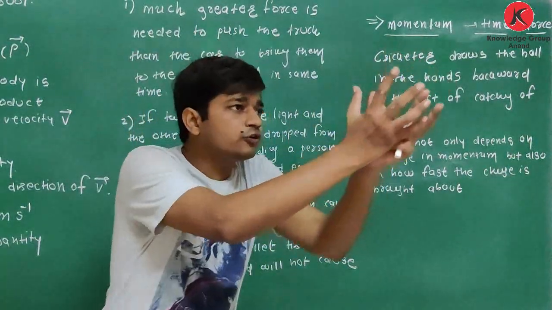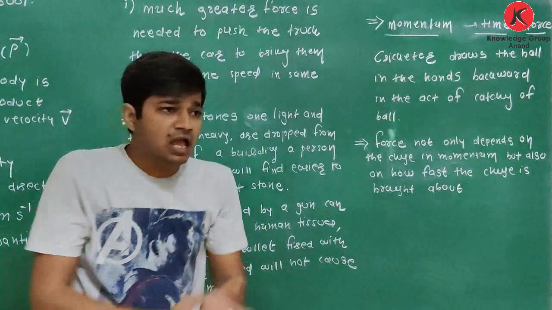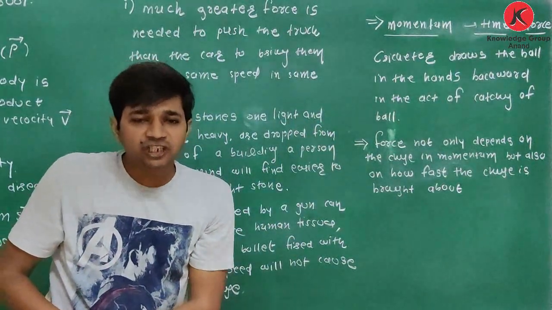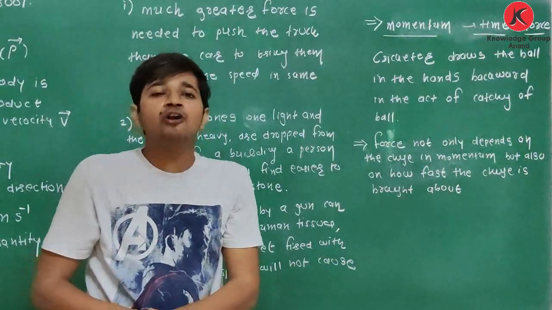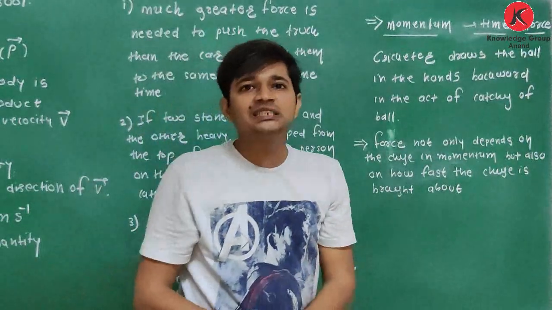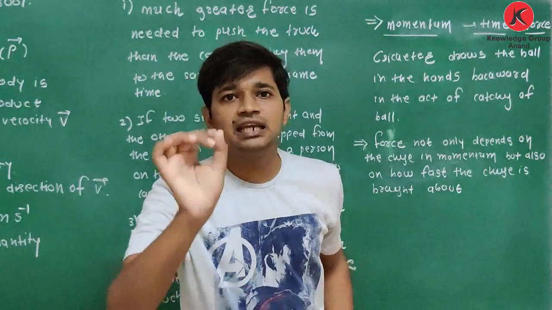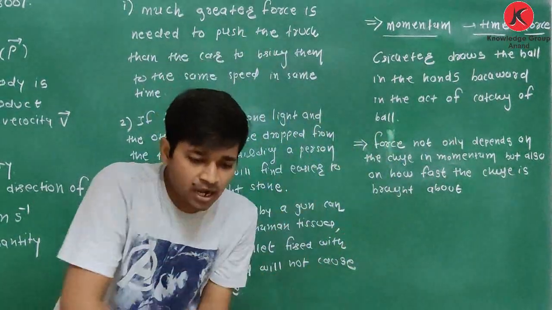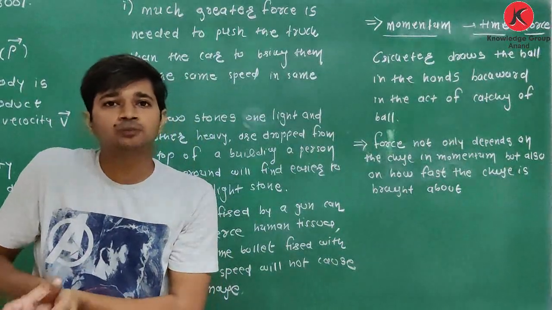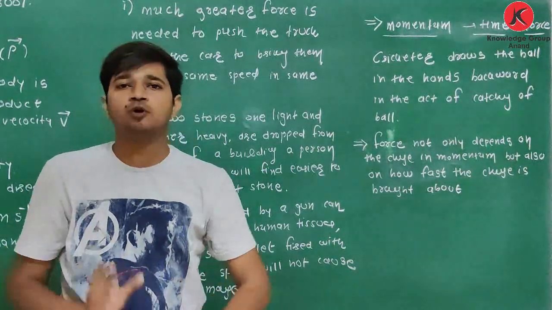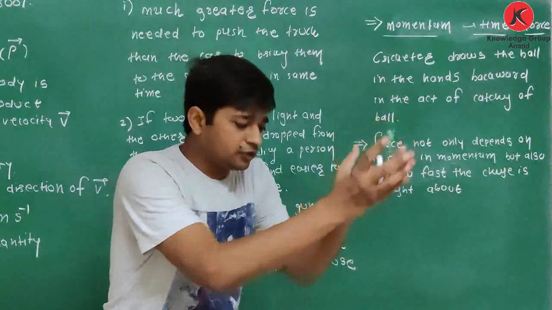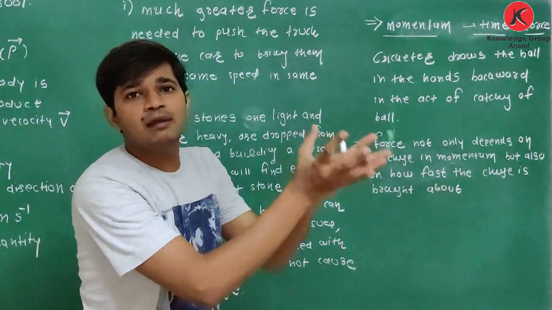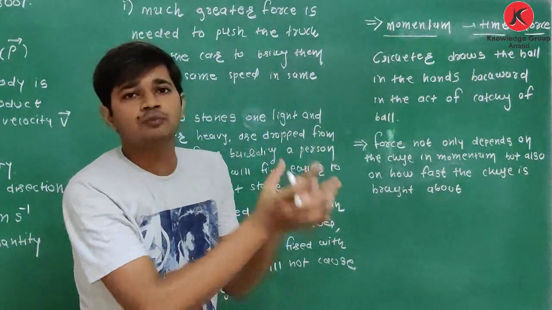If he draws his hand backward, he is taking longer time, and that change in momentum over longer time will cause less effort, less force. Yes or no? The fielder has to apply a small force to stop that ball. But if he does not draw his hand backward, he has to apply greater force to stop the same ball.